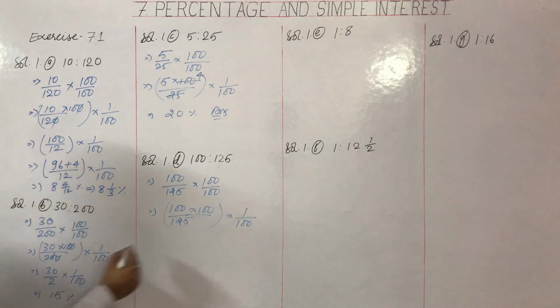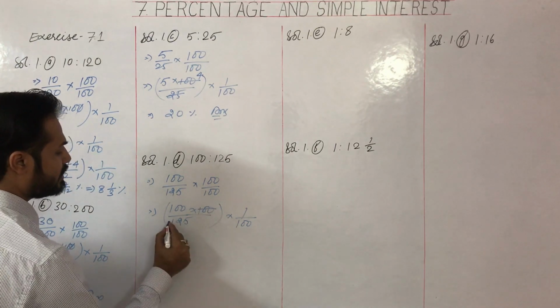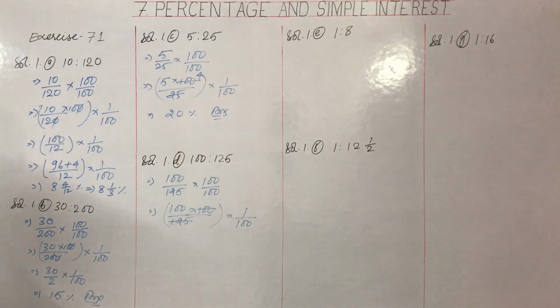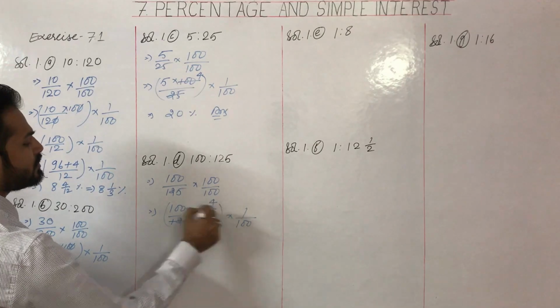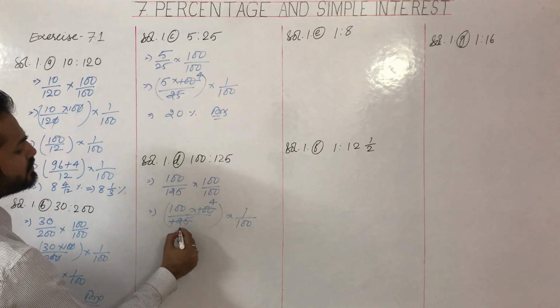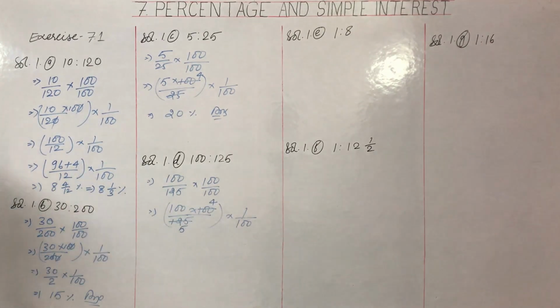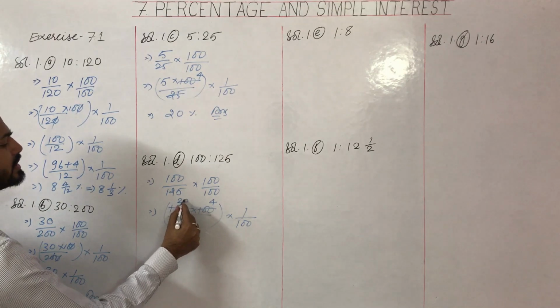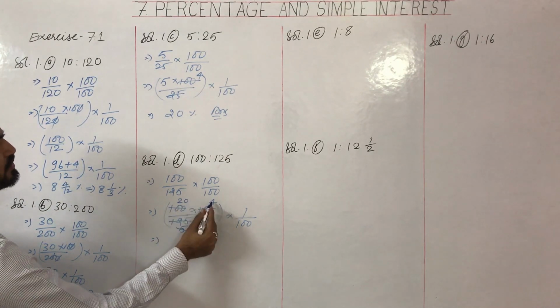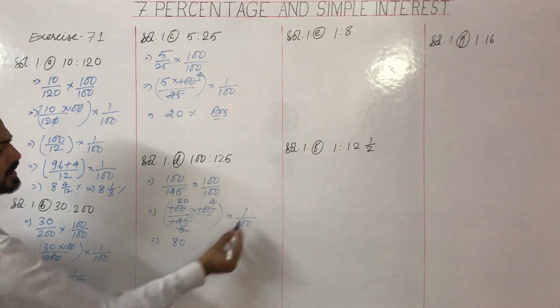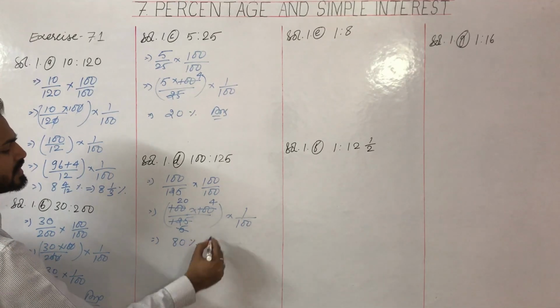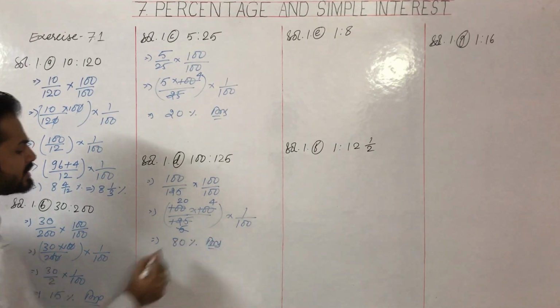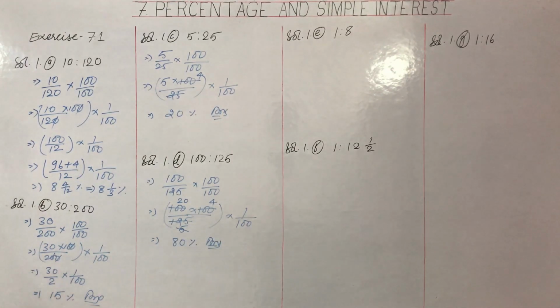Then 100 and 125. So 25 into 5 is 125, and 100 by 5 is 20. So 20 into 4 is 80, and 1 by 100 becomes percent. 80% is the final answer.